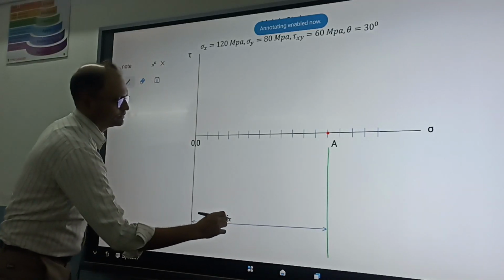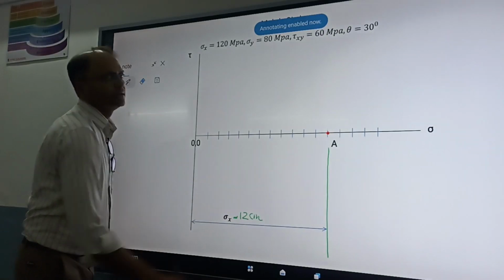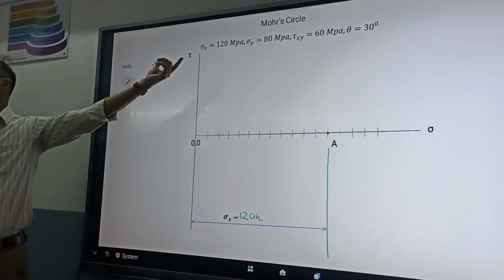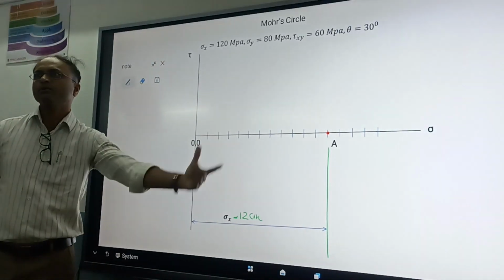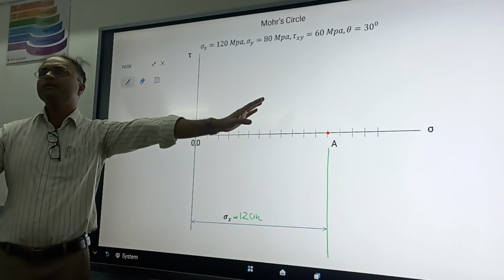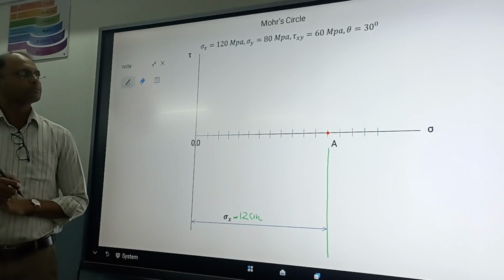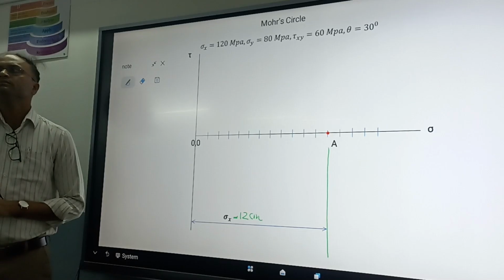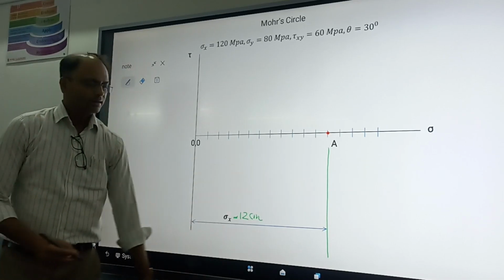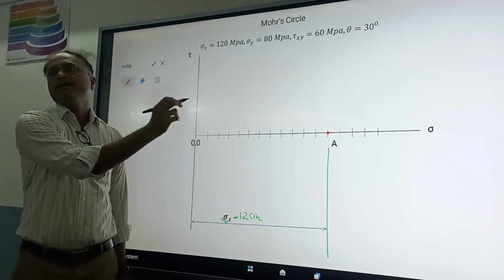This distance is 12 centimeter. Why 12? Because we have to plot 120 MPa. Let that point be A. You can name any other, OL, OM, like we named previously. This point indicates sigma x is equal to 120 MPa.